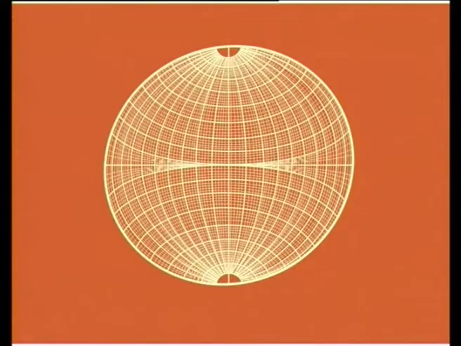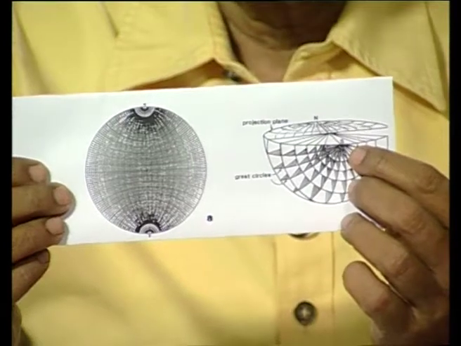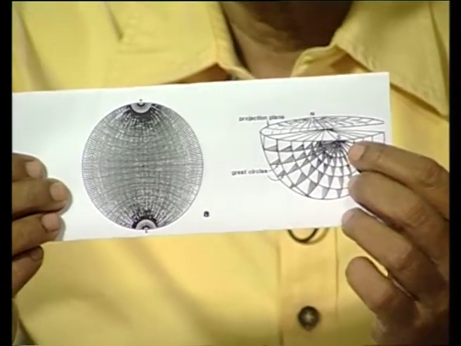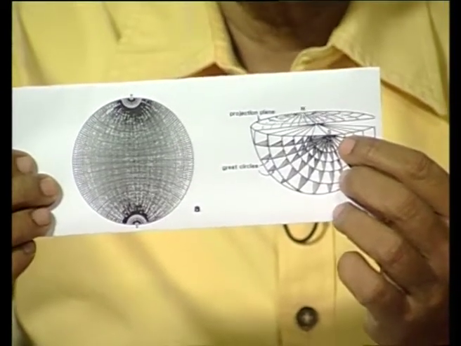Before we go into the discussion of structural analysis itself, let us have an idea about the stereographic net and its preparation. This is how a stereographic net, or equal angle net, or Wulff net looks, and this shows the development of the stereographic net or stereographic grid.